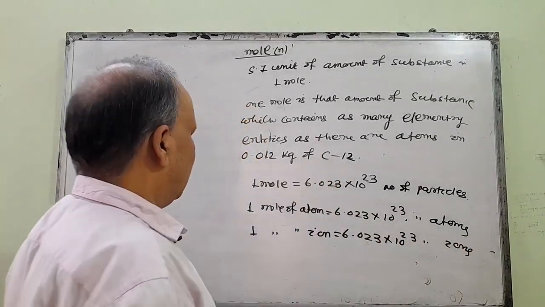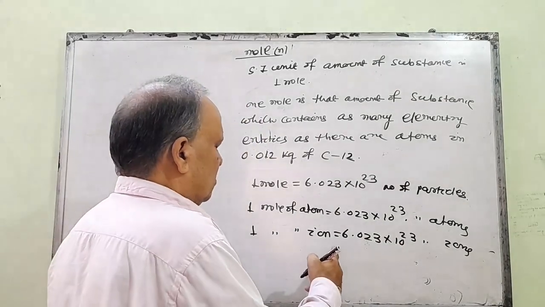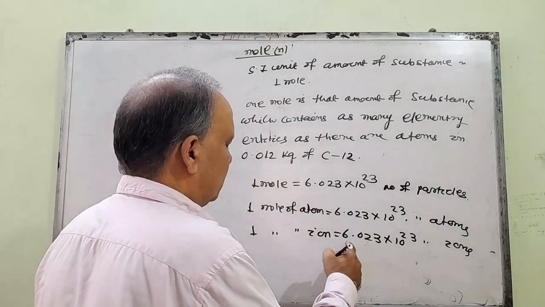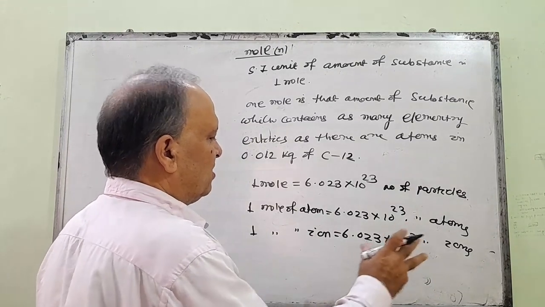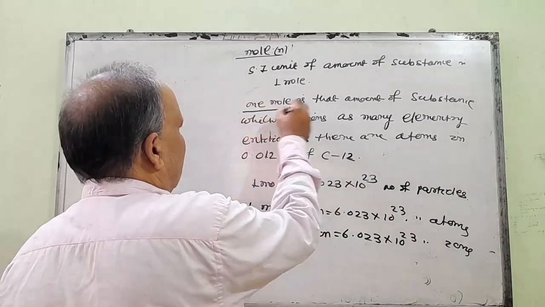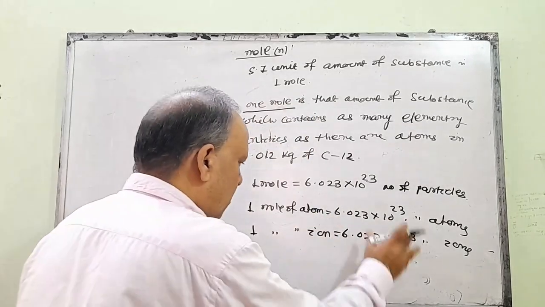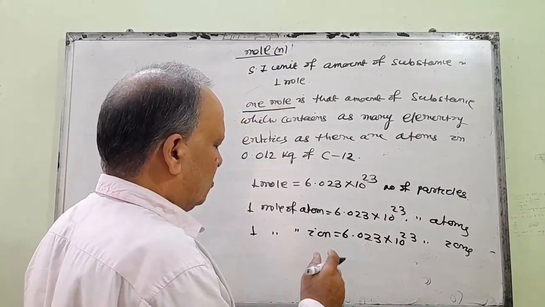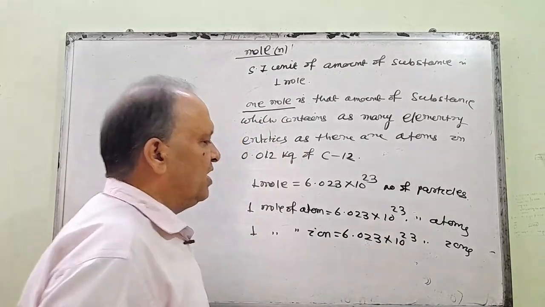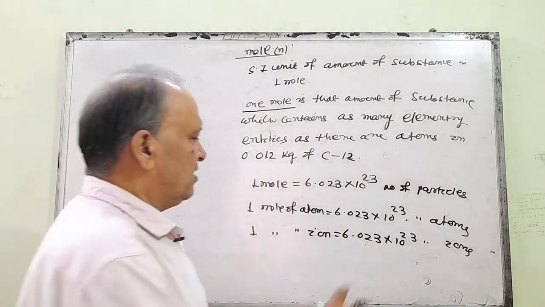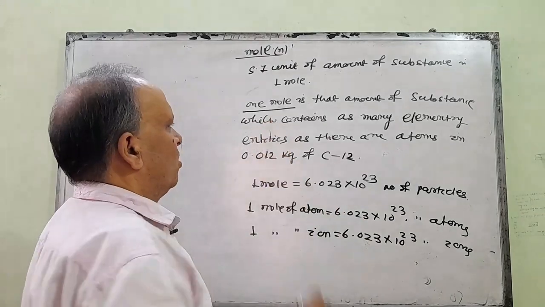So according to the definition, the amount of substance of 6.023 into 10 to the power 23 number of ions is equal to 1 mole.